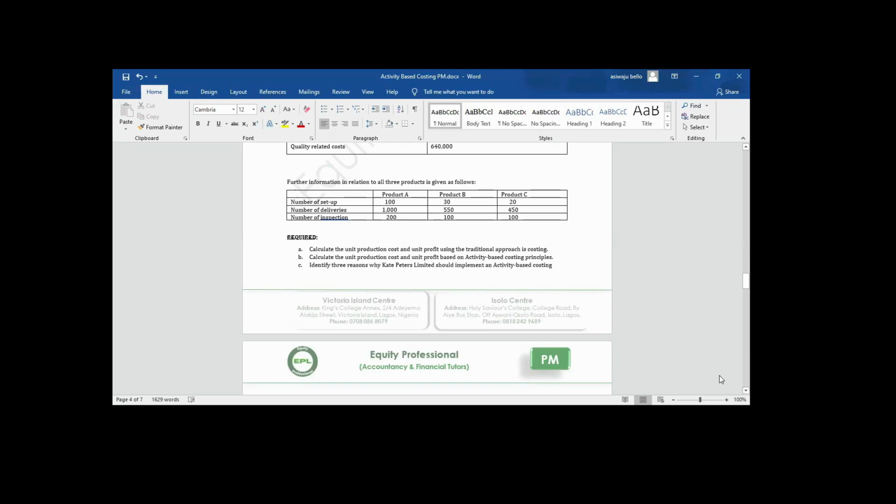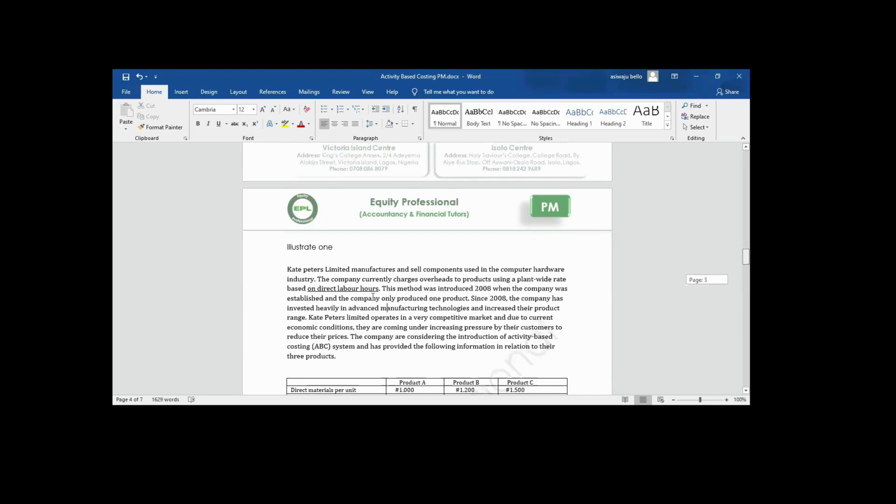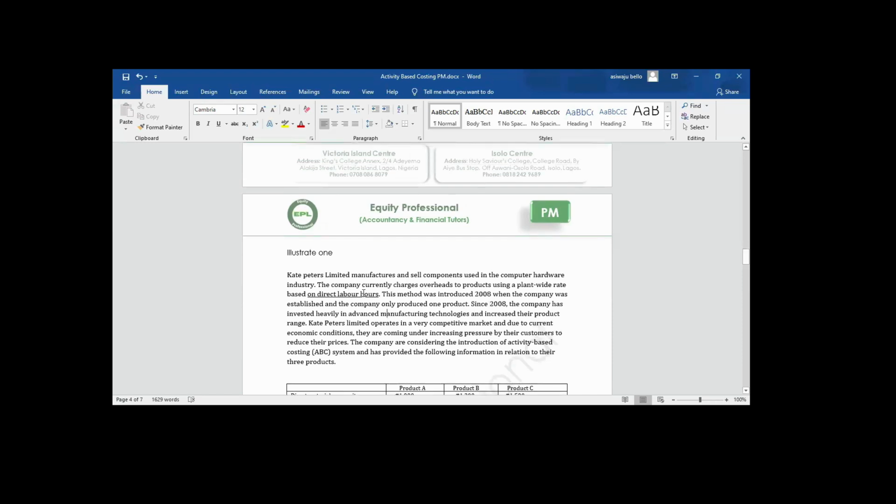In this question, examiner says the company currently charges overhead to product using a plant-wide rate based on direct labor hours. That means currently the company is using traditional approach and the company uses direct labor hours to share overhead to different products.